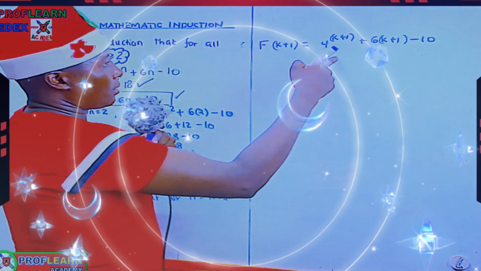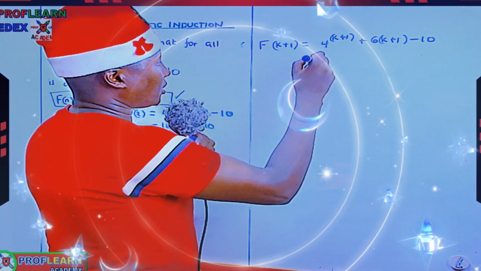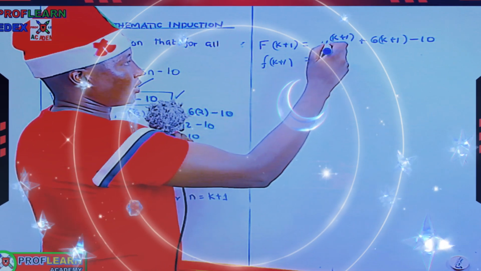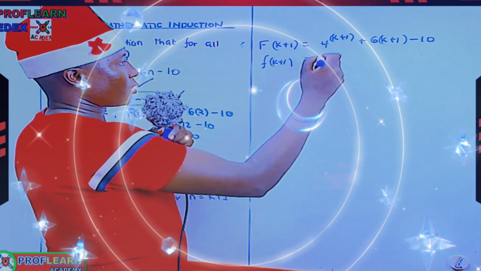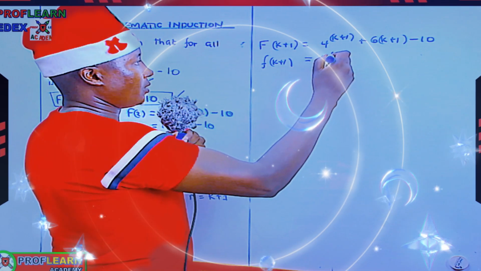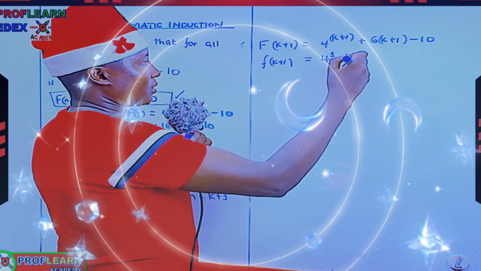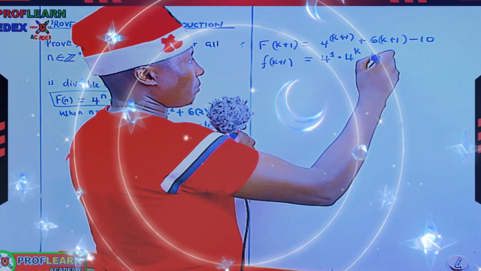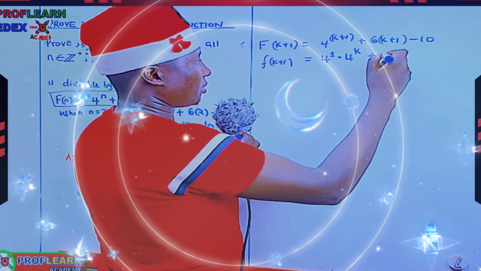Once we have done this, we can say this expression for f of k plus 1 can be written as, we can split this so that we can have 4 raised to power 1 times 4 raised to power k plus this becomes what?